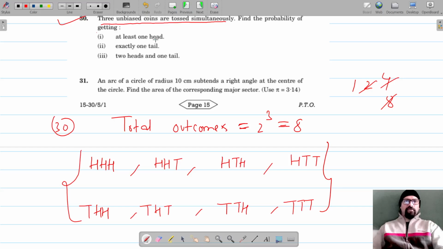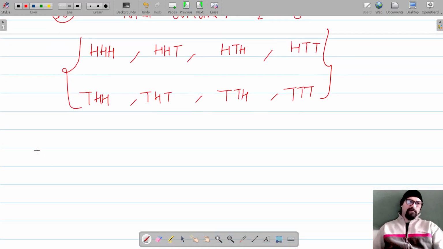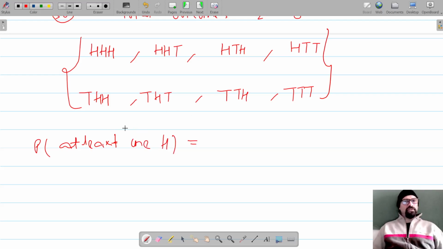Now, probability of getting at least one head. At least one head means that we have to check the outcomes where the number of heads is greater than or equal to 1. So it is either 1, or 2, or 3.